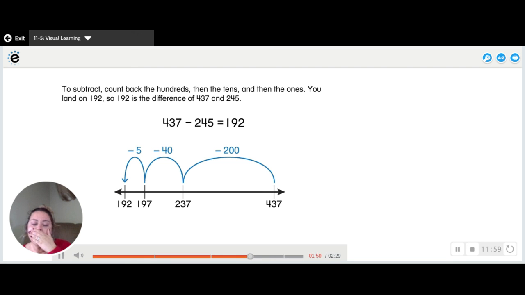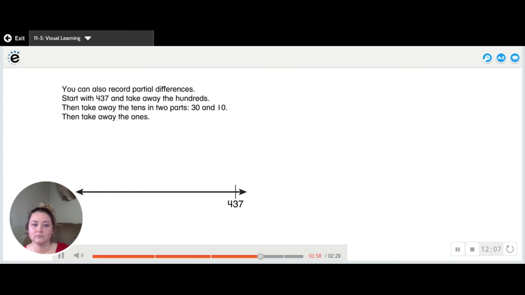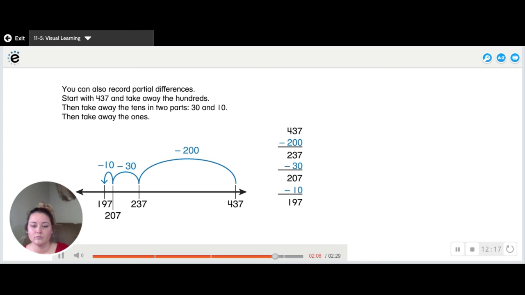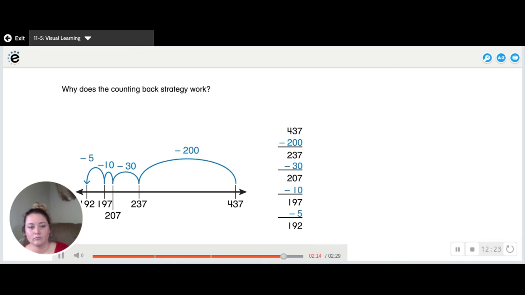So 192 is the difference of 437 and 245. You can also record partial differences. Start with 437 and take away the hundreds. Then take away the tens in 2 parts, 30 and 10. Then take away the ones. Why does the counting back strategy work?